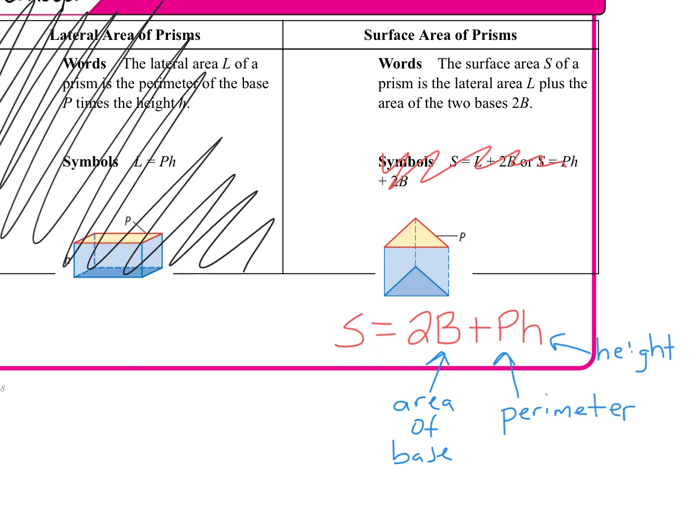Capital P is the perimeter of the base. Capital P is new to us, but we know what perimeter means: it's the distance around the outside. So capital B is the area of the base, capital P is the perimeter of the base, and H is our height. Let's apply it to an example.